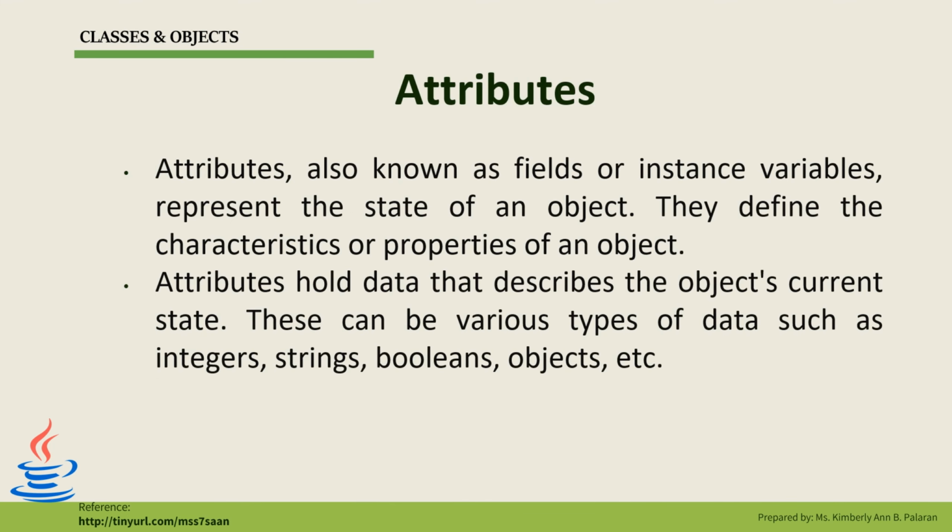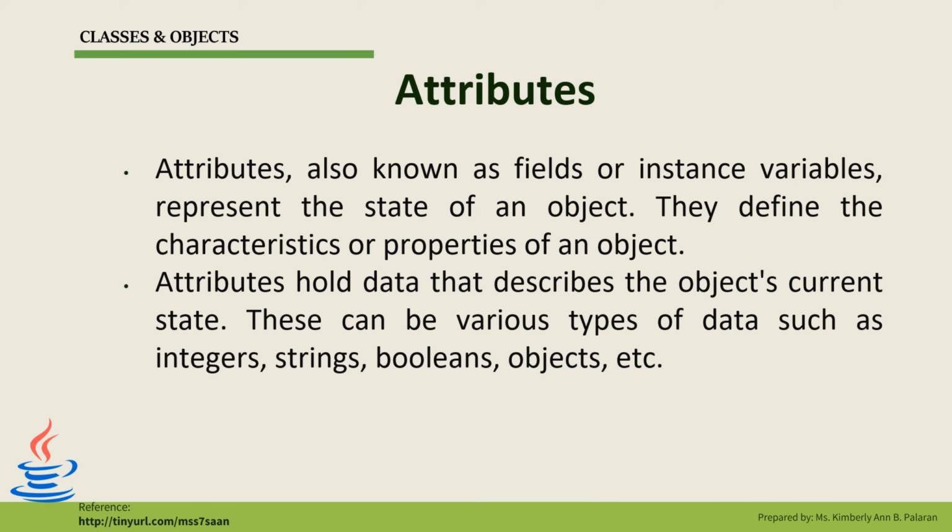Okay, attributes, also known as fields, so we don't get confused, they can be used interchangeably. Attributes, which are also known as fields or instance variables, but let's focus on attributes. Attributes are global variables declared inside the class of our object.